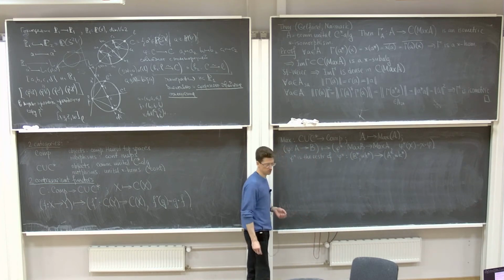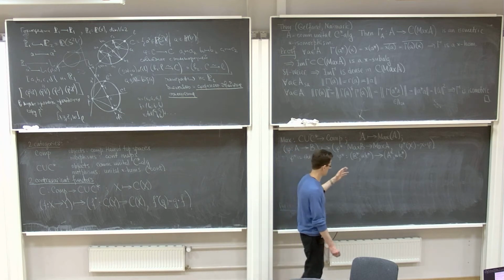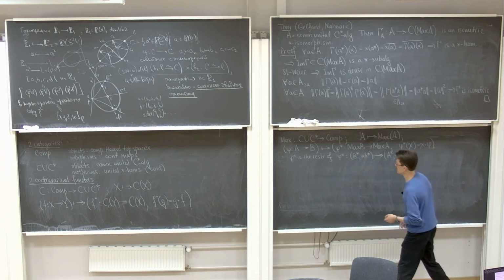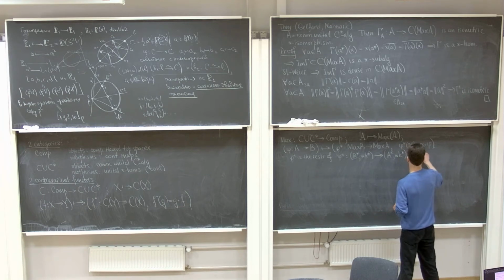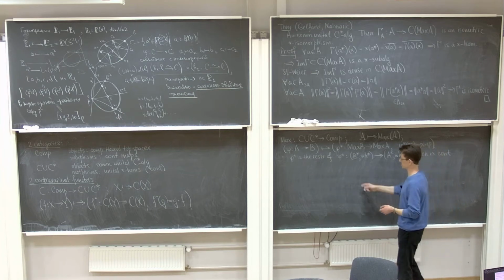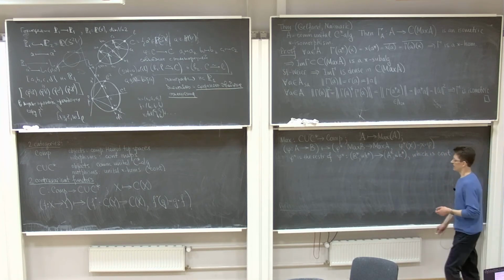And we know that the dual of any continuous map between locally convex spaces is continuous for the weak star topologies. So phi star is the restriction of this dual map, which is known to be continuous. Okay.